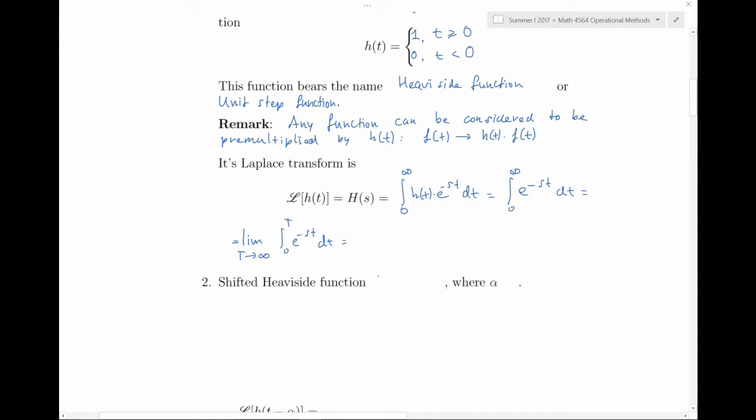And the antiderivative for this function is minus 1 over s e to the minus st evaluated from 0 to capital T. Oops, I apologize, I have to put the limit in front of it.